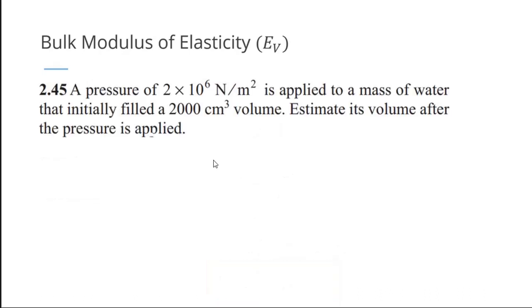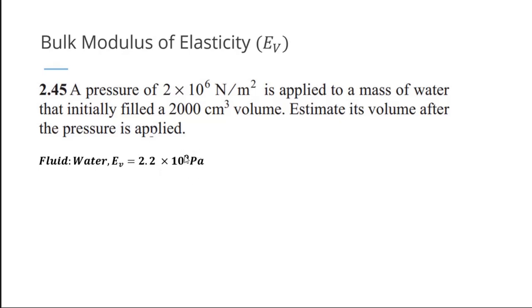Okay, so let's practice. So I got problem 2.45. A pressure of 2 times 10 raised to 6 Pascal is applied to a mass of water that initially filled a 2000 cubic centimeter volume. So let's estimate its volume after the pressure is applied. And so yung fluid natin is water. We know that the bulk modulus of elasticity of water is 2.2 gigapascal.